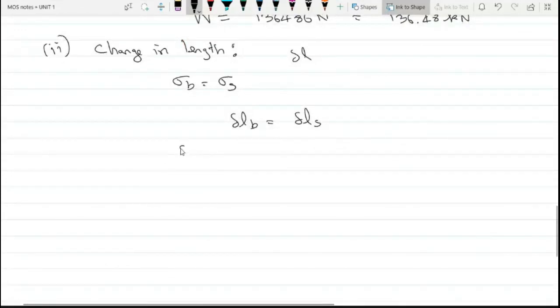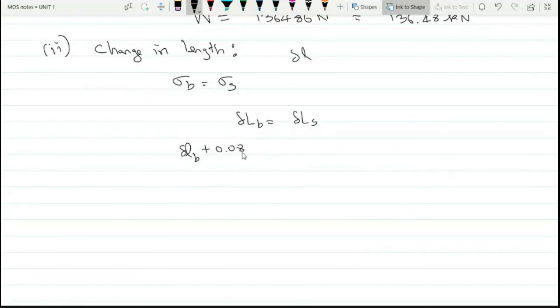Let me consider this as capital L for better understanding, because this is total L. Del L for B is equal to del L for S, so this is del L for brass plus 0.08.